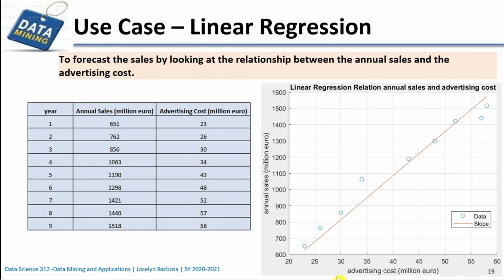That means the graph is telling us that as the advertising cost increases, the annual sales also increase. If we increase it to almost 35, that is in million euro, then there is also an increase in annual sales, and so on and so forth. So this is how the linear regression model is applied.